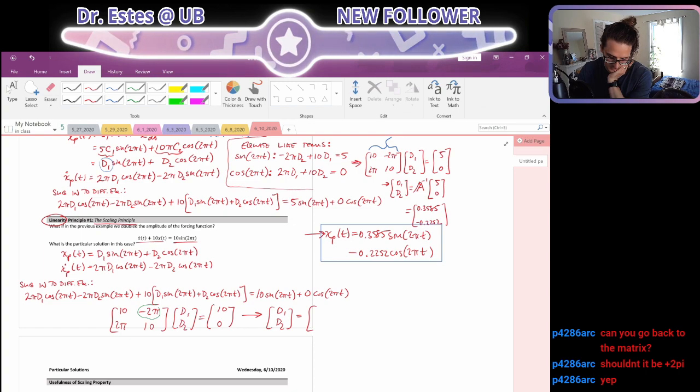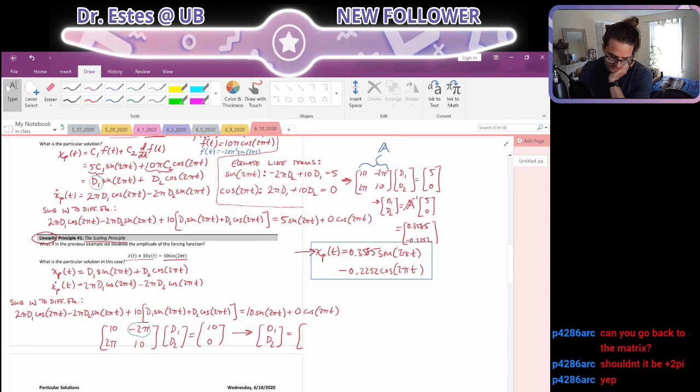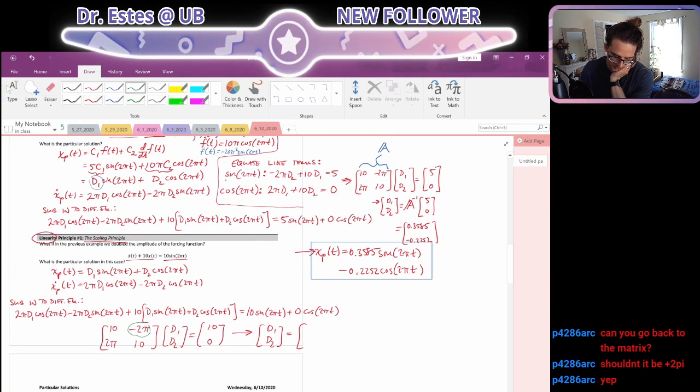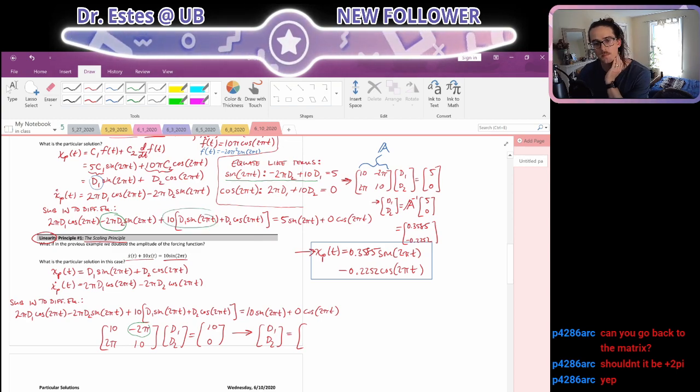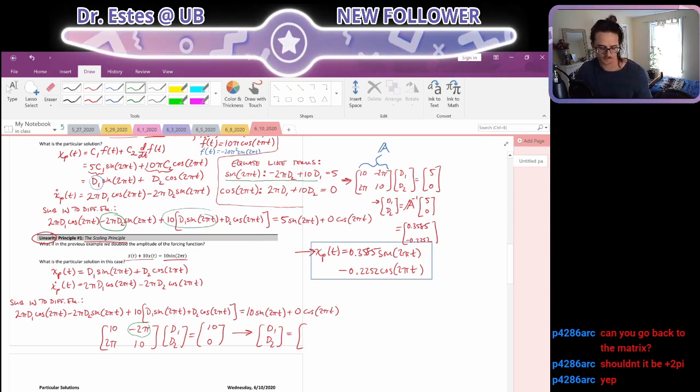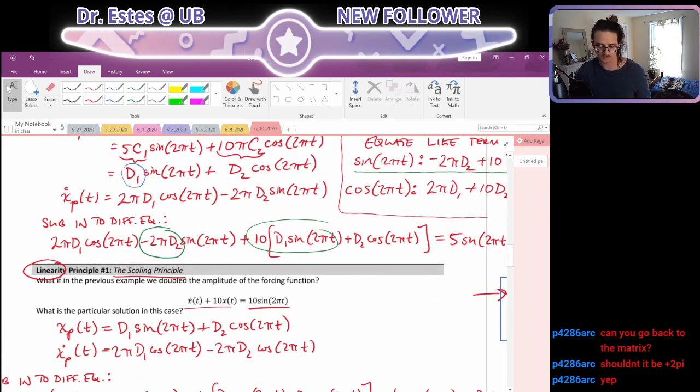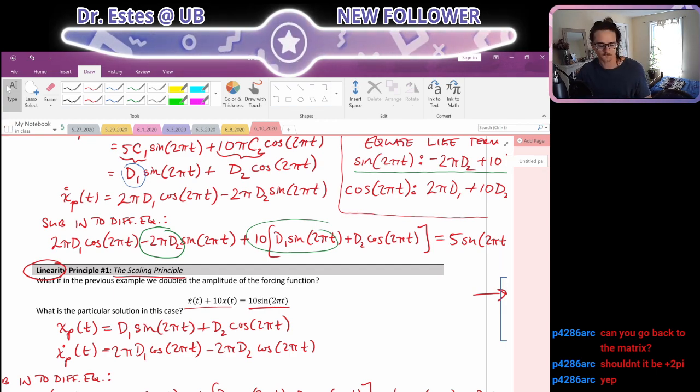So this is from equating the sine terms, so that's from up here. Well, we did that up there. I mean, you have minus 2 pi times d2 times sine plus 10 d1. So that's where it comes from. I think it's a minus. It's minus 2 pi.